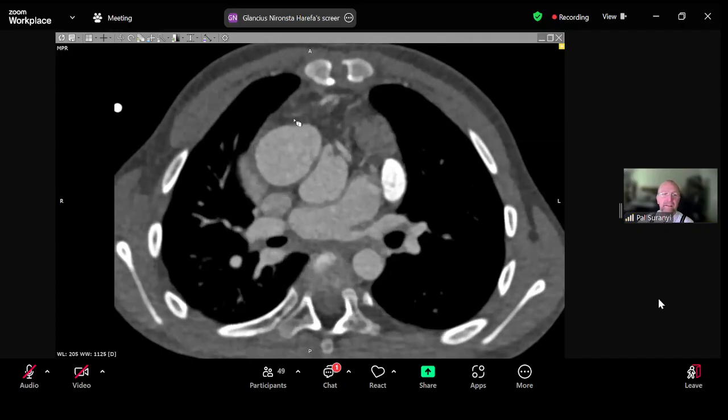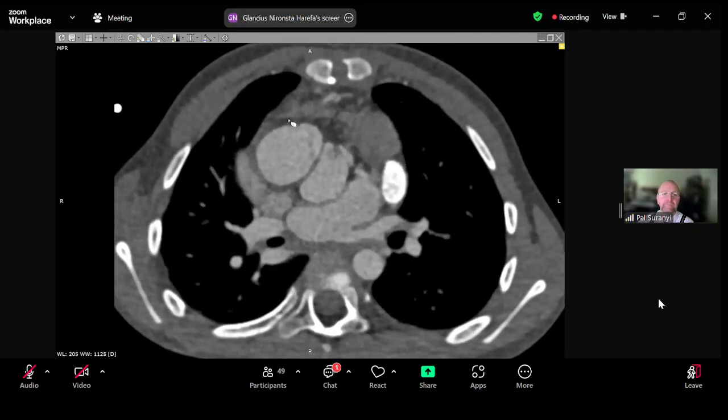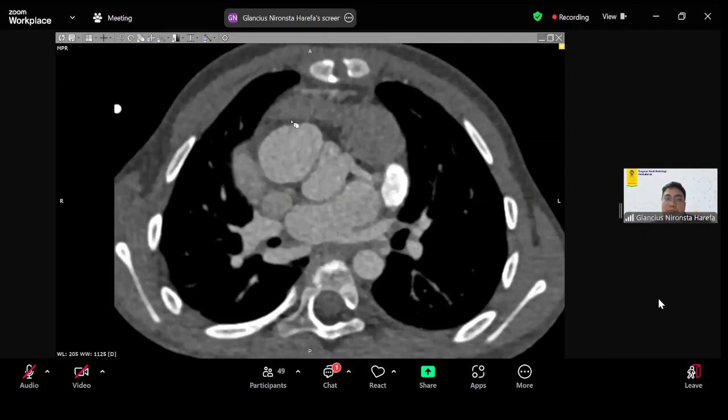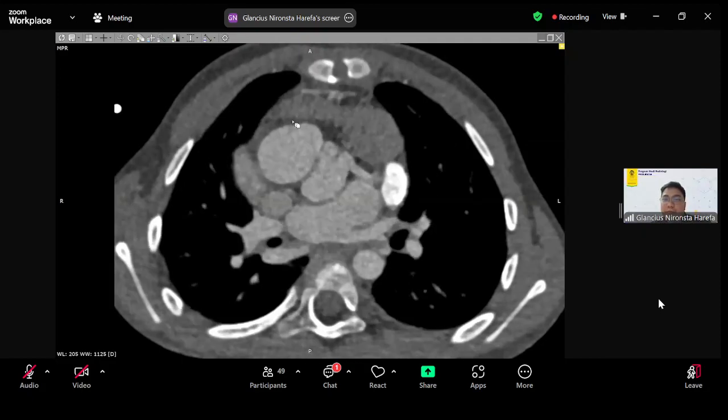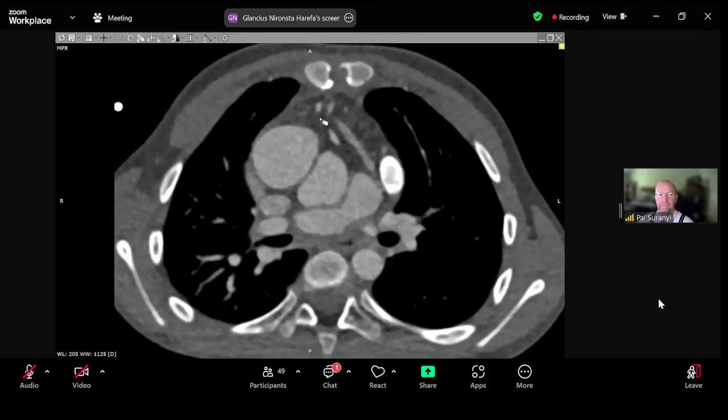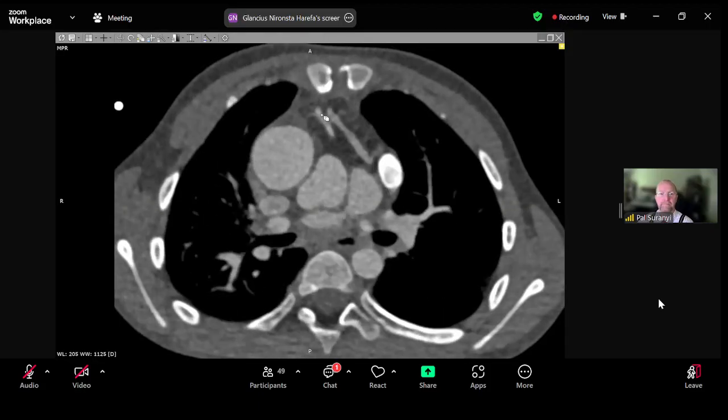And then the anterior descending is bigger. Up to this point. Yep. All right. And then just point at the anterior descending one more time for everybody to see. Yep.